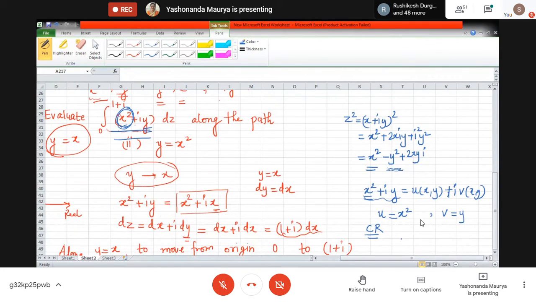So what are the CR equations? We'll take the derivative of u. Come on, who will tell me? What are the CR equations? Cauchy-Riemann equations.